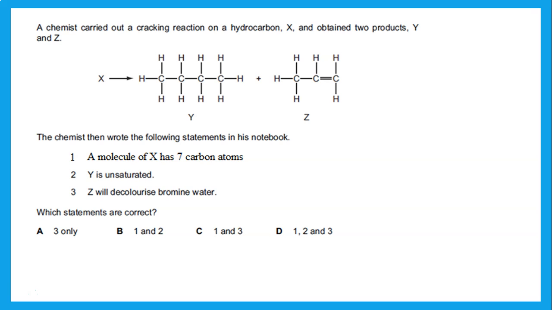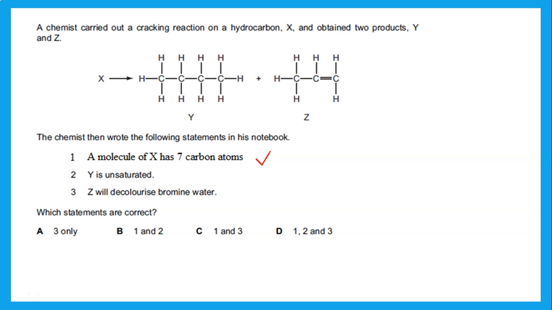And when we break it up into Y plus Z, then the total number of carbons and total number of hydrogens of Y plus Z is what is in X. So if we say a molecule of X has 7 carbon atoms, is that correct or wrong? Well, Y has 4 and Z has 3, and that means the original one must have had 7 carbon atoms, so that is correct.